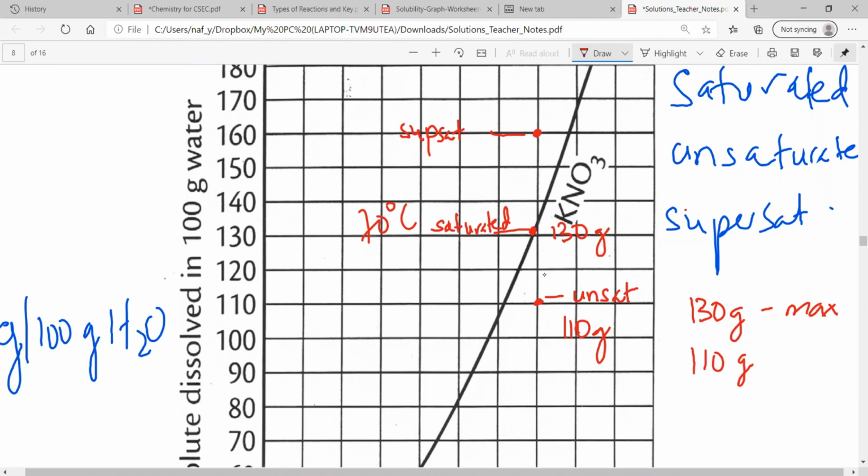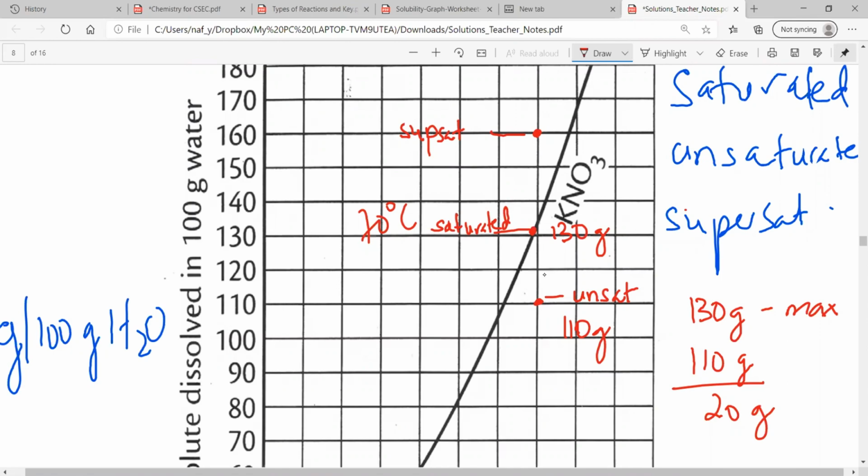This tells me that I can accommodate more solutes. How many more solutes? 20 grams. So that now tells me it is an unsaturated solution because the amount that is added has not reached maximum. Good. Now, look at the other situation.